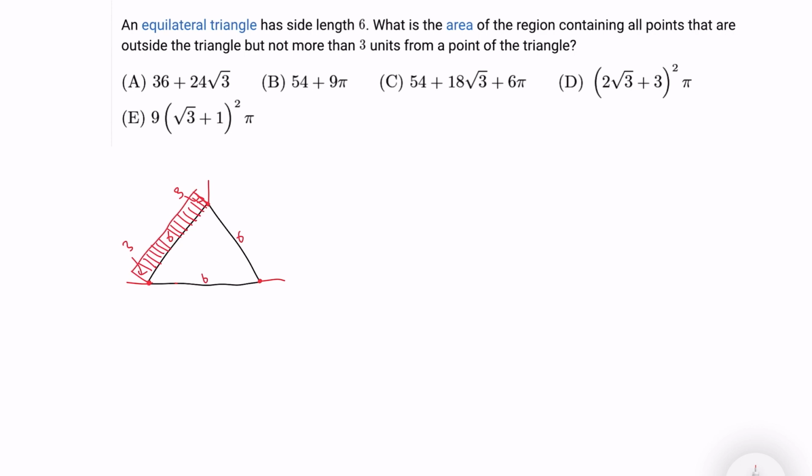And so this is really easy because we see here that the width of the rectangle would be 3, and then the length, which is this, we know is 6 because it tells us that the equilateral triangle has a side length of 6. And we can do that with all of the sides.